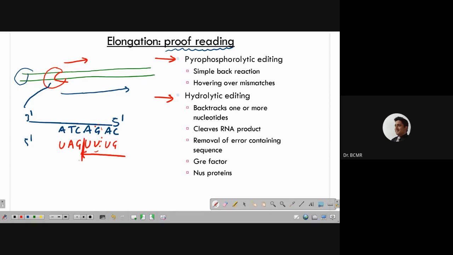That is moving back, and it is almost the same, except that it's not just about undoing one reaction. It is actually going back and cutting out this part and removing the error-containing sequence. So there are factors like GRE and NUS factors, which will stimulate the hydrolytic activity of the RNA polymerase.